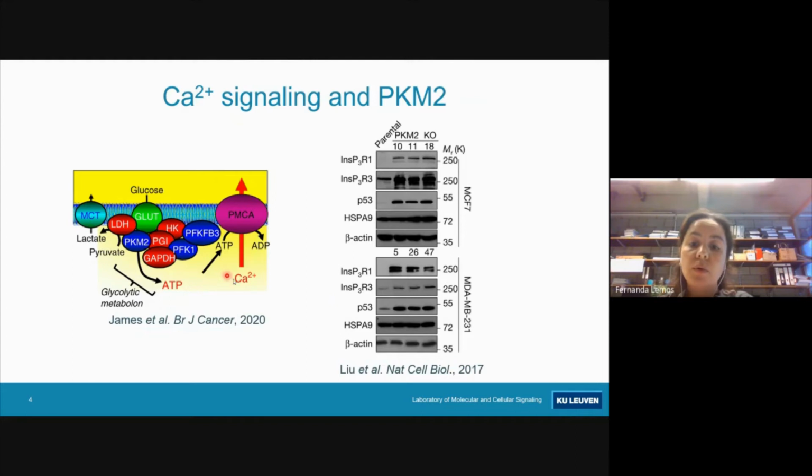We also know, according to Liu and collaborators in 2017, that PKM2 can modulate the expression of IP3 receptor type 1 and type 3 in different kinds of breast cancers. Here you can see that in the absence of PKM2, the cells started expressing isoforms 1 and 3 of the IP3 receptor.